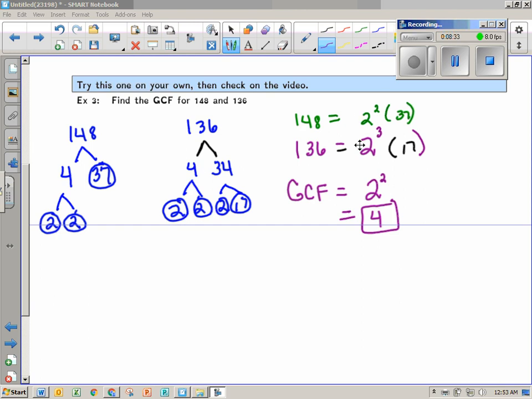Wrote my prime factorization over here. 2 to the 2nd, and this one has 2 to the 3rd. So all they have in common is 2 to the 2nd. So 2 to the 2nd, which is 4, is your GCF.